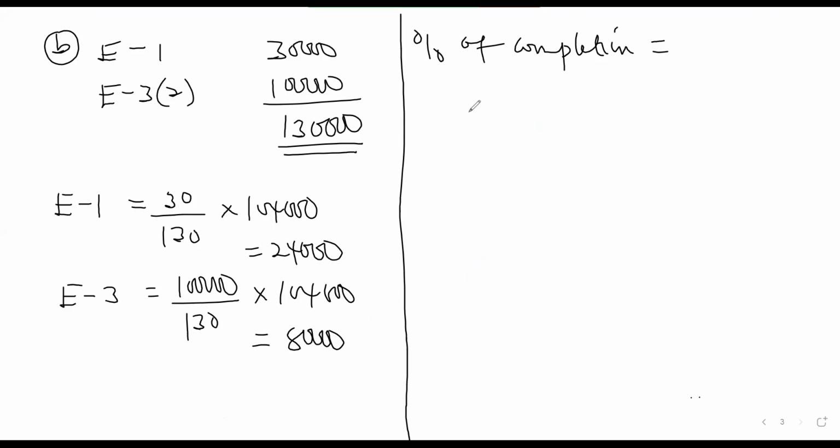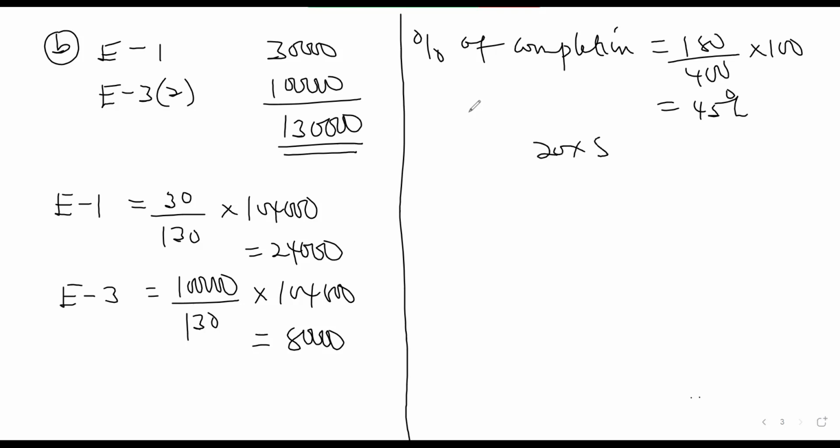It means that the total cost of the contract will be the one that we incur and the one that we are expecting. So we have 1,800 divided by 4,000 times 100. What are you getting as percentage? 45%.